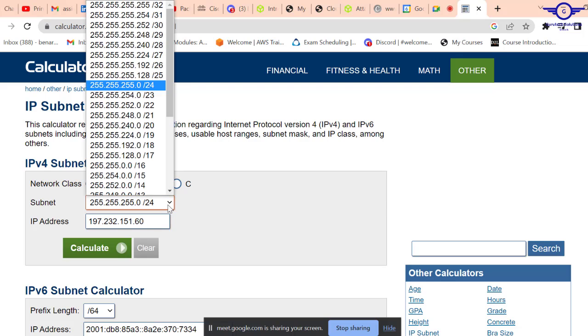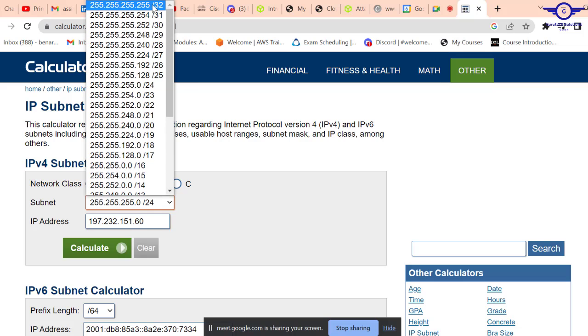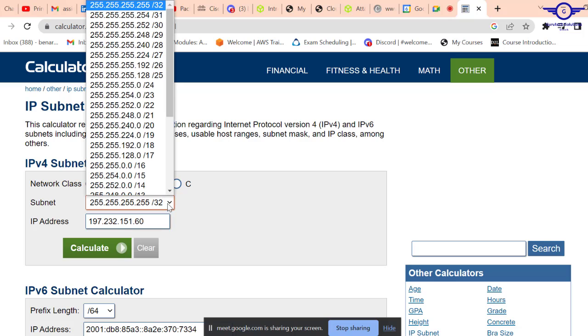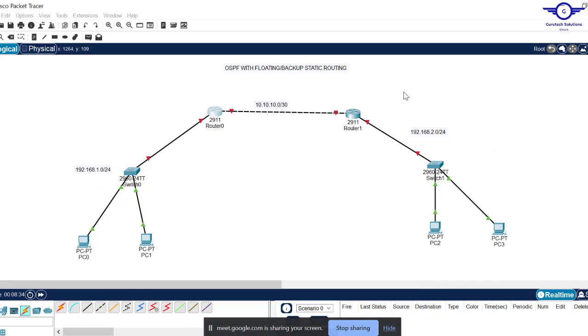If you have /32, a full IPv4 address has 32 bits, so it's 255 all the way. It's very important that when you see a point-to-point link, you don't need to waste IP addresses, because it only needs 2 usable IP addresses. That's why I use /30 notation.